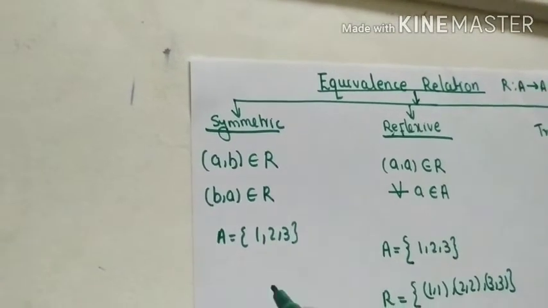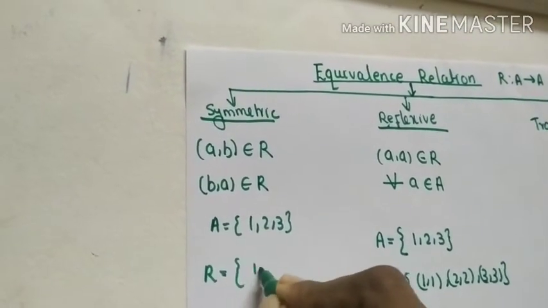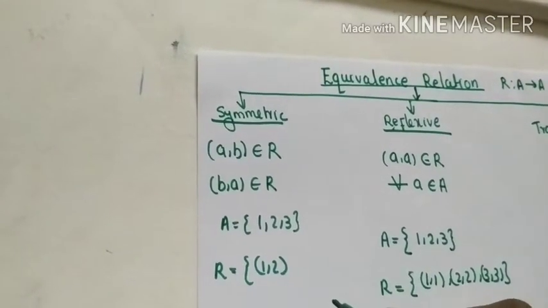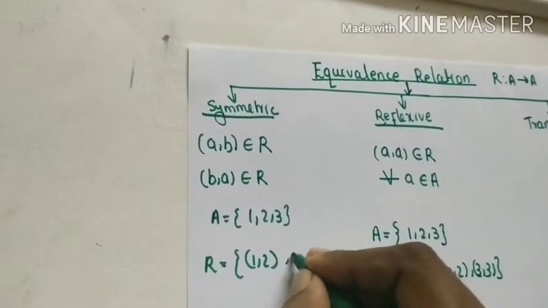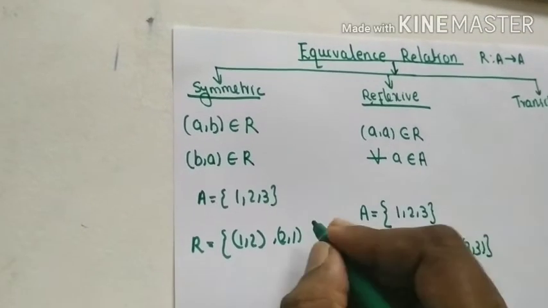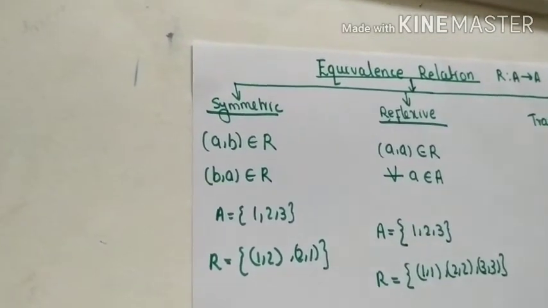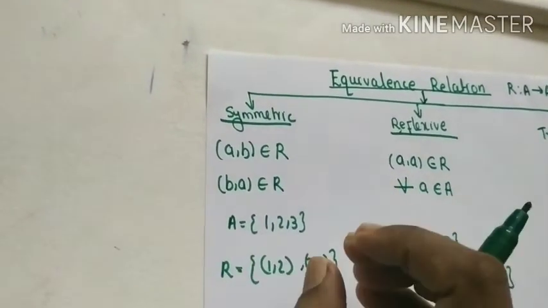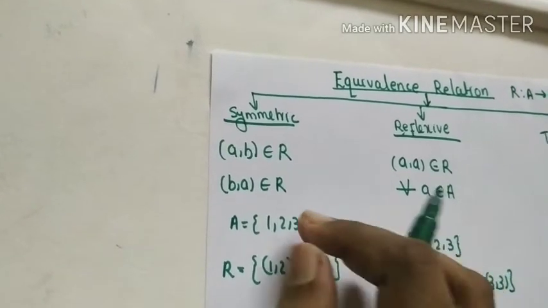Let's say in the relation I put (1, 2). For this relation to be symmetric, (2, 1) must also be in the relation. What I am trying to say is that if I pick any one pair here, then the reverse of it should also belong to our relation R.